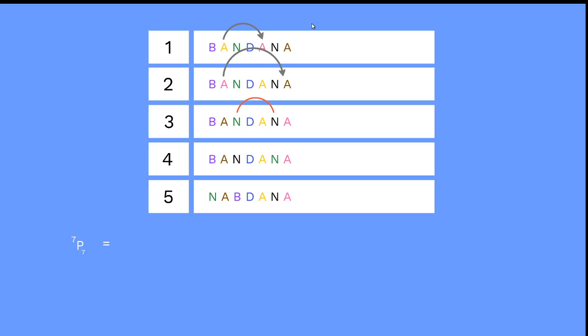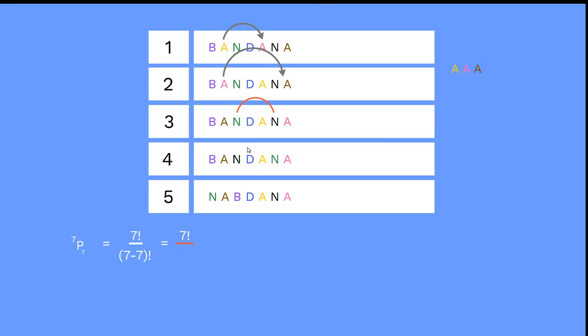That is 7 factorial divided by (7 minus 7) factorial, which is 7 factorial divided by 0 factorial, and that is 7 factorial itself. 7 factorial divided by 1. But as I told you, this is an overcounting, so I need to divide this by some number. And how to find that number? That's what we need to see.